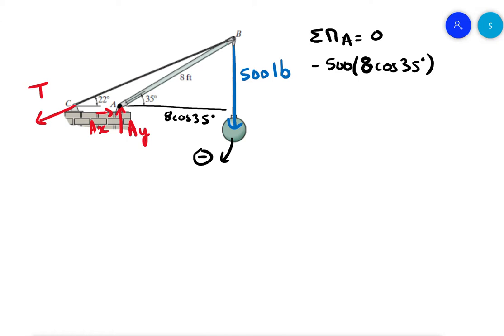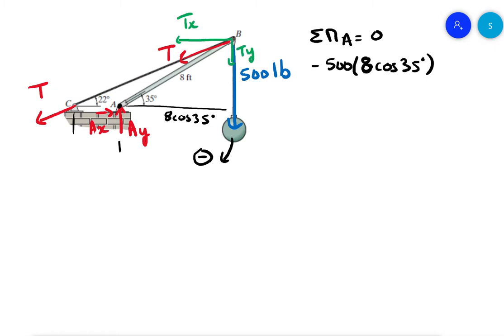And for T, we don't know the distance between those 2 points. So it would be easier to use the components of T, because we have this 8 and cosine and 35 degrees. We have a T that I would call Tx, and we have a Ty, right?